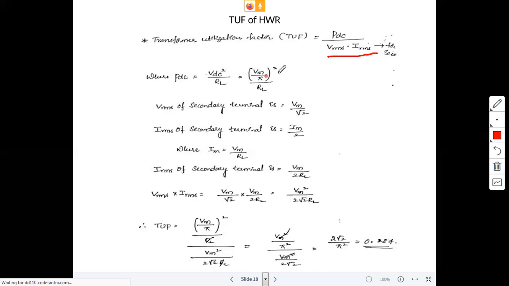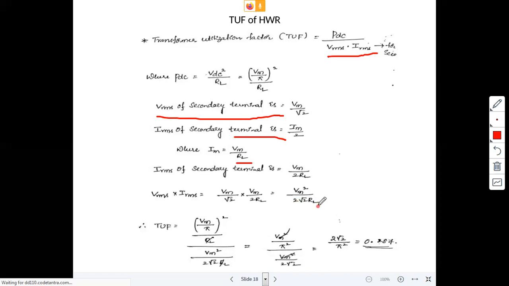Vm by pi whole square by R. Now VRMS at the secondary terminals is equal to Vm by root 2. Similarly, IRMS for the secondary terminal of the transformer is Im by 2. Again Im is equal to Vm by the load resistor RL. So VRMS into IRMS is equal to Vm square by 2 root 2 into RL.